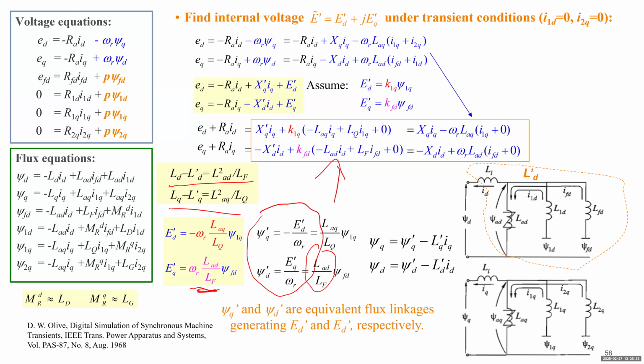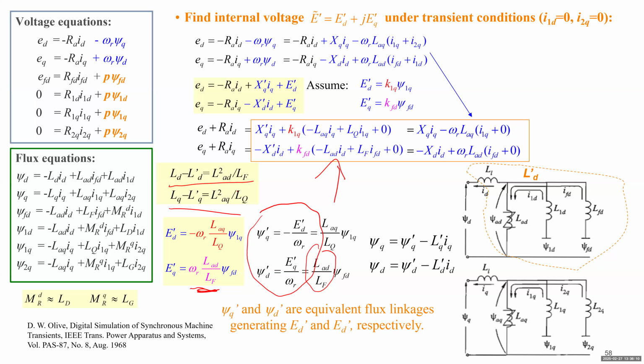First of all, those single prime or double prime parameters are just fictitious things. They are just for the convenience of study, because our goal is to create a differential equation with all state variables being operating quantities with physical meaning. For example, if you focus on transient stability study, you can do system generator simulation, but you only care about the time frame from maybe 1 second to 5 seconds.